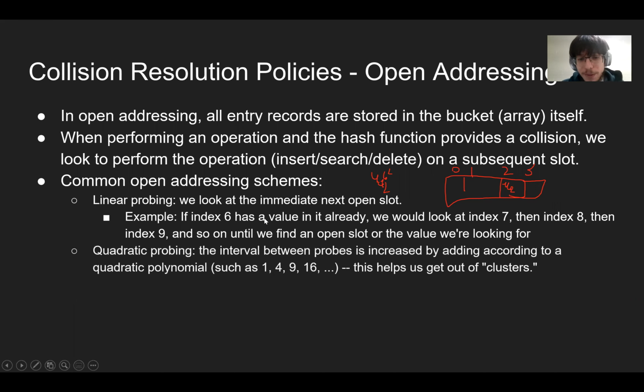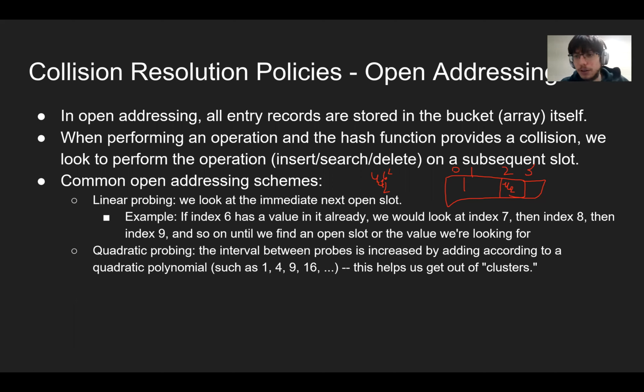Another option is quadratic probing. So instead of just checking the interval between them to be 1, instead of just going, okay, 2, let's check 3, let's check 4, maybe you check 2, then 3, then 7. And then you check 16, but if it's only size 10, we take 16 mod 10. So then we check 6.